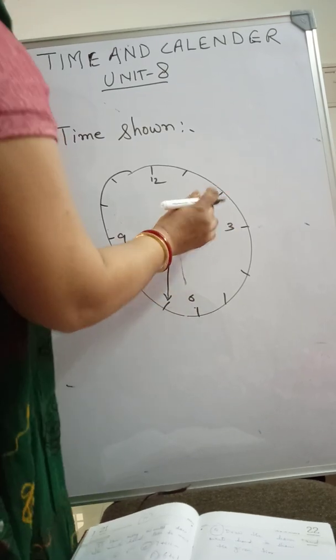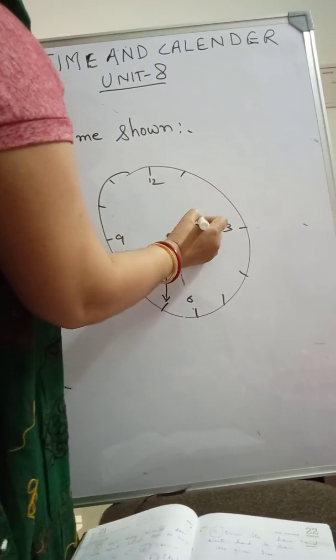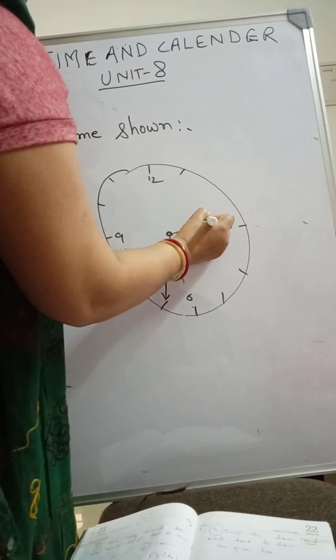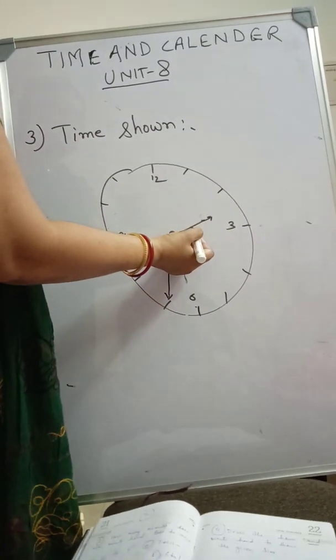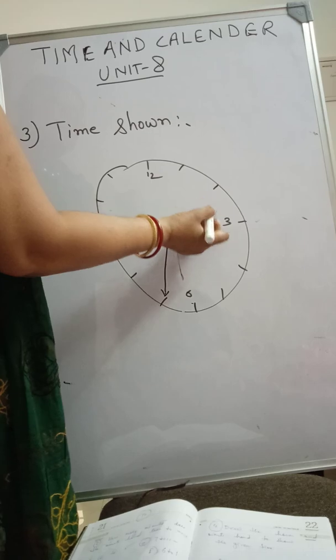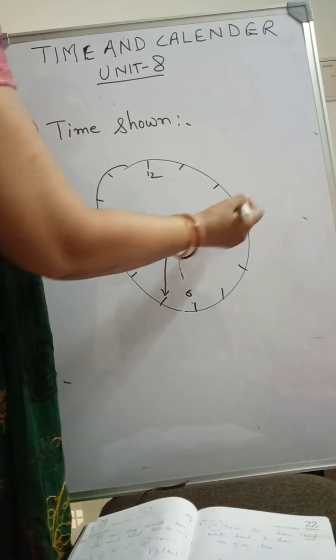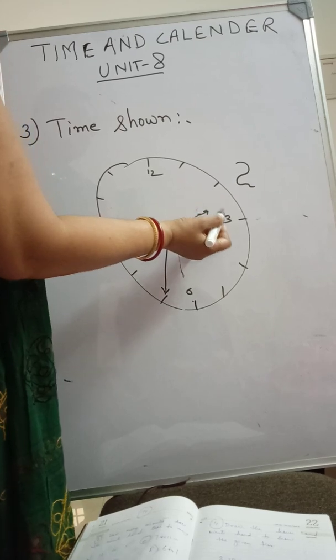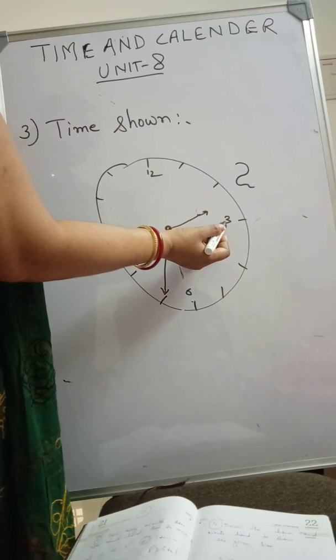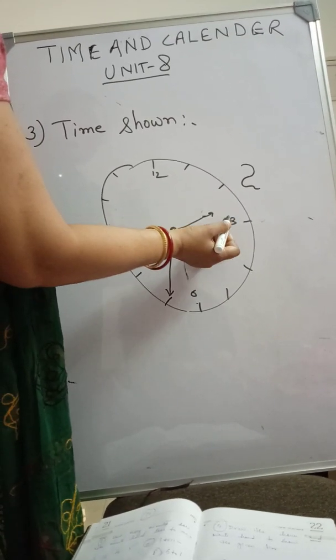So what is the time shown here? All of you see that this is the short hand, the hour hand. It is in between 2 and 3. It has crossed 2, but it hasn't crossed 3. It is in between 2 and 3.